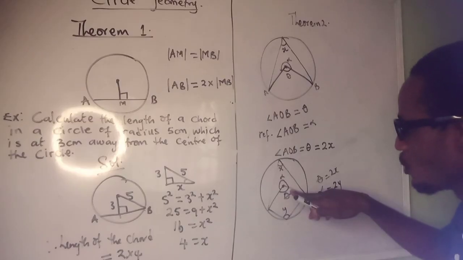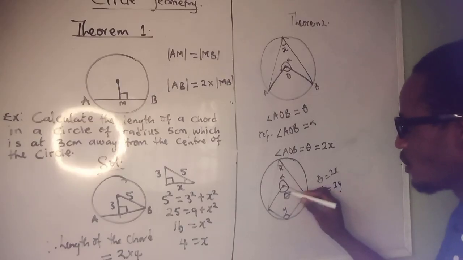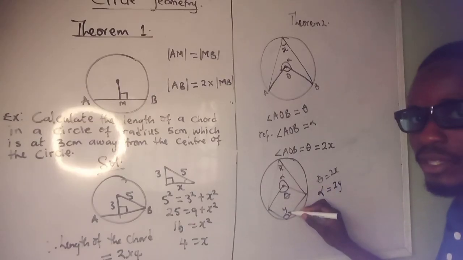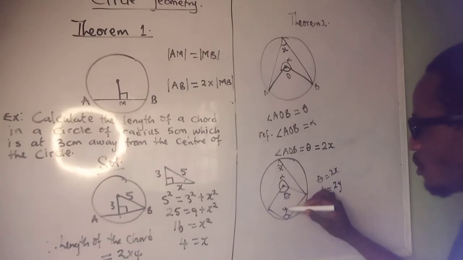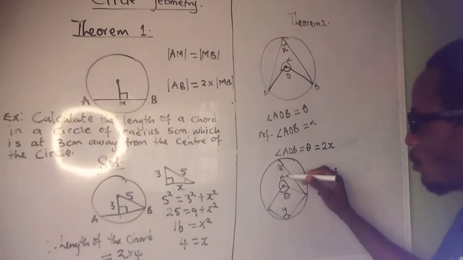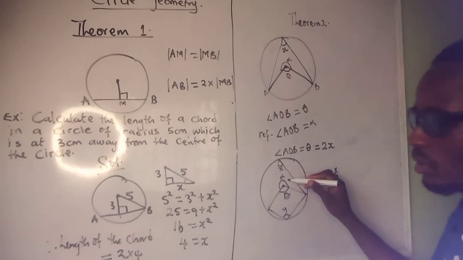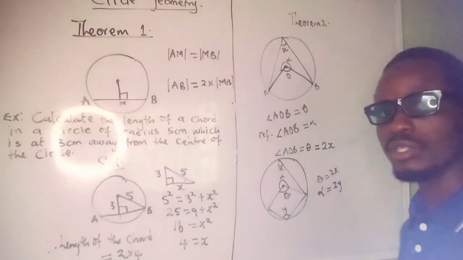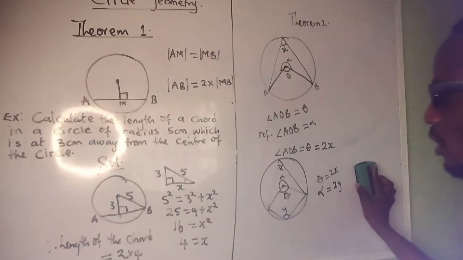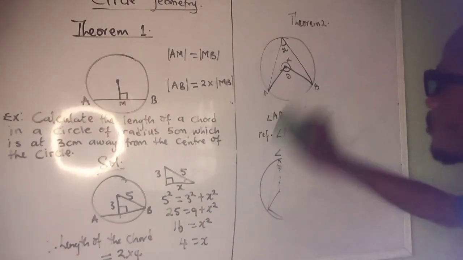Meanwhile, y is opposite to theta, so we cannot say theta is 2y. So what we would say is that alpha is 2y because y is not opposite of alpha. Instead, it is behind alpha. So let us just solve a question to explain that.